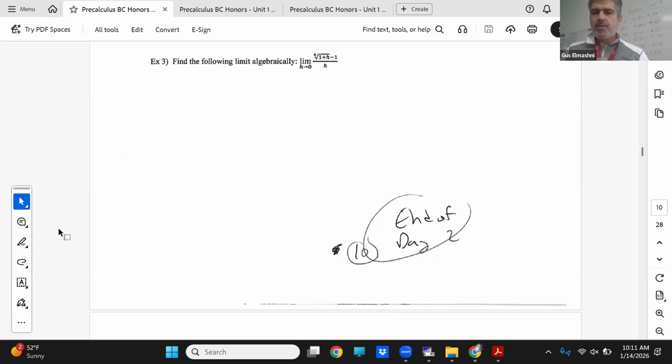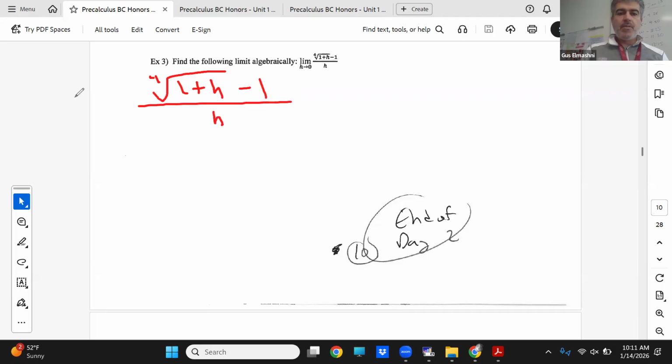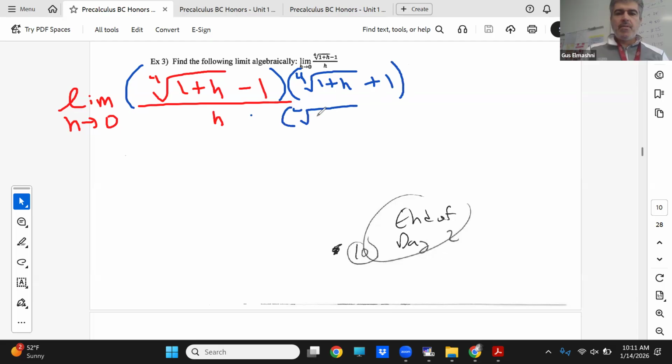Yeah, let's do the conjugate. I'm kind of taking a leap of faith just so you know, because I don't fully remember the solution for this one. We'll see what happens.